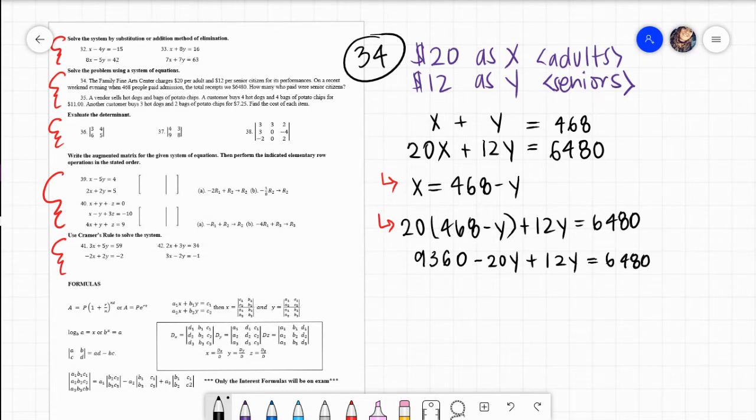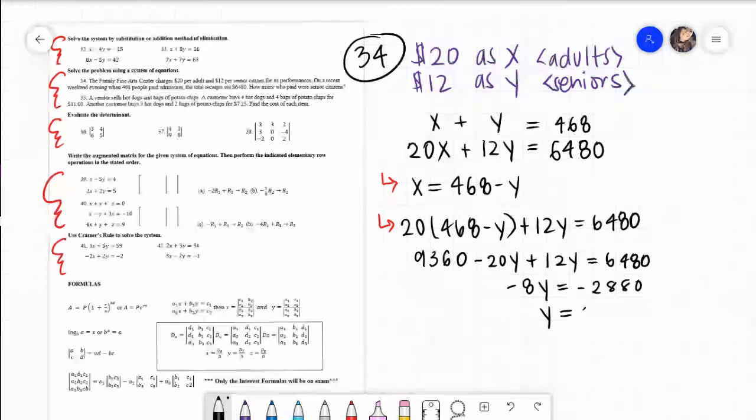And then I'm going to go ahead and combine the like terms on the left-hand side and move my 9360 to the right-hand side. What I end up getting is a negative 8y equals a negative 2880. Now what I'm going to do is divide both sides by a negative 8, and I get that y equals 360.